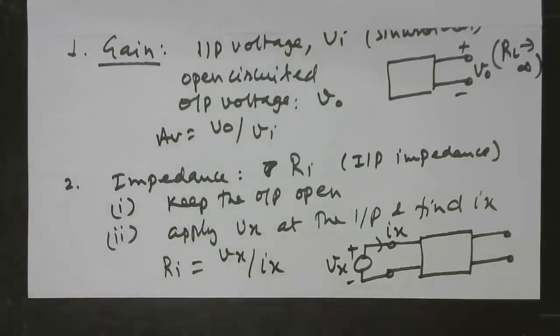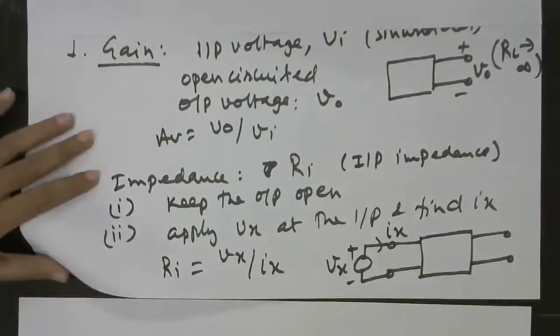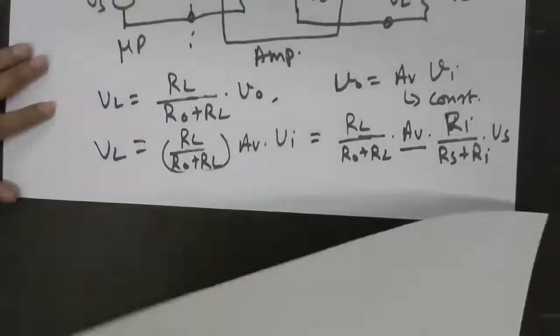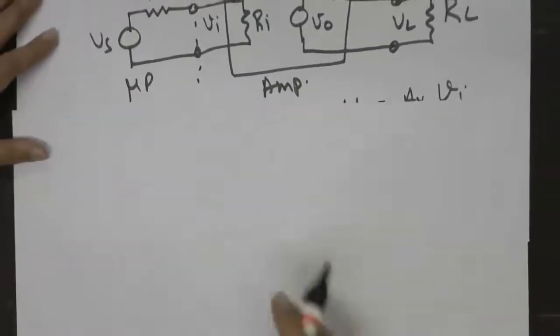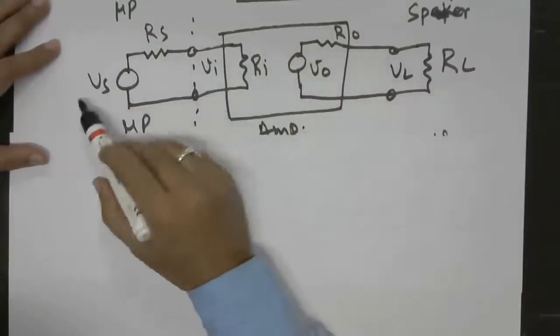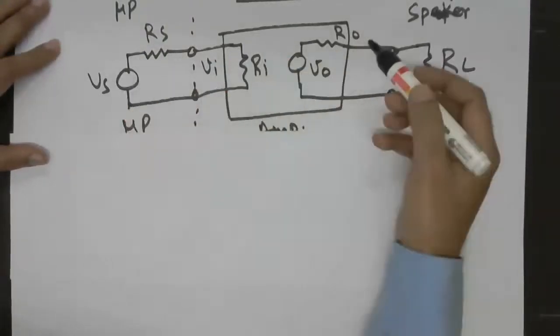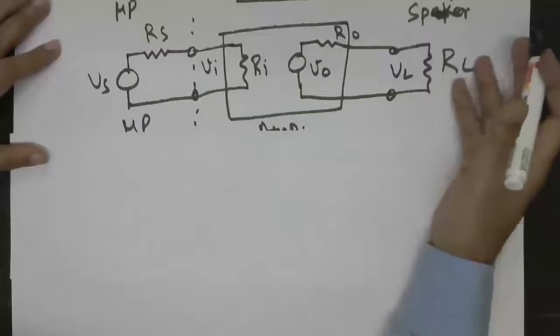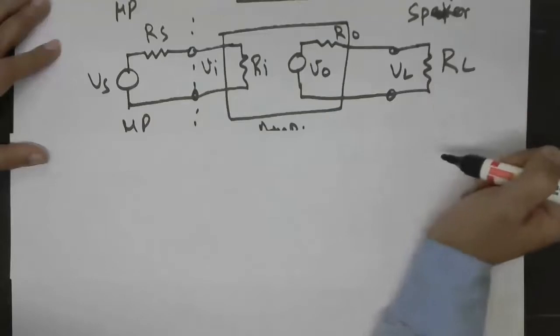Now what about the output? For output, we take a slightly different circuit. So keep in mind that we have this amplifier and there is a source here which is exciting it and producing this output voltage, which of course will be delivered to any given load, in this case a speaker.